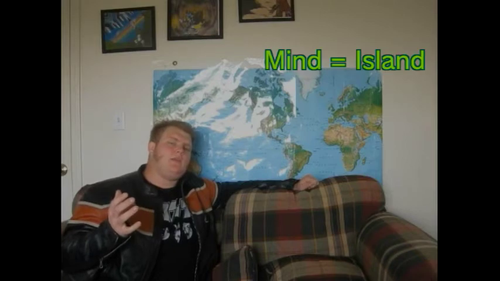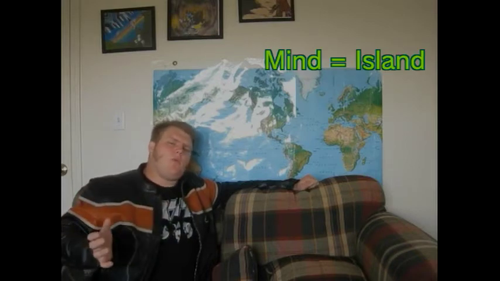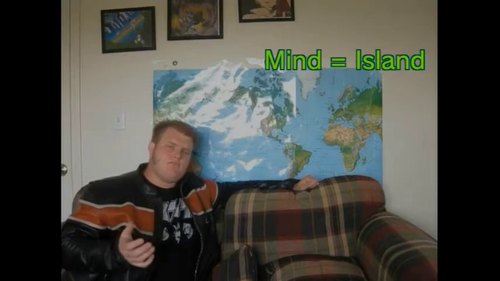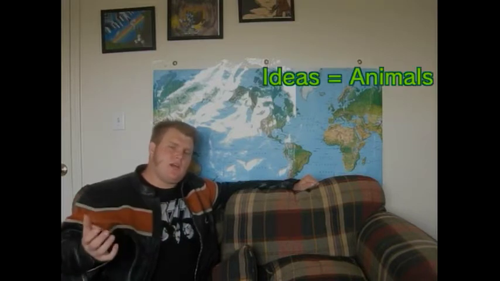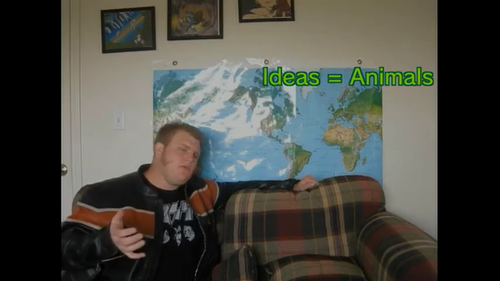Okay, with this exercise, I want you to start by picturing your mind as an island. It's surrounded by water. Nothing that you don't want there can be there. You know, like a typical island. Now, I want you to picture animals as ideas. I know it's an odd concept, but this will help you.